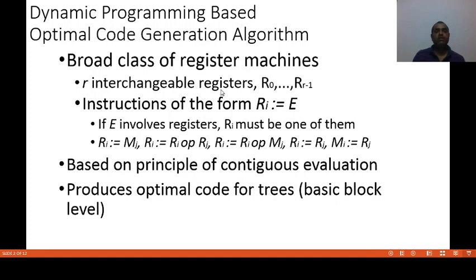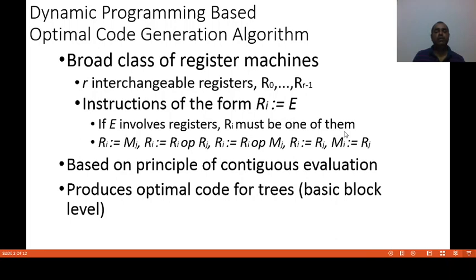and there are registers like R0 to R(r-1). So we can say suppose that there are R registers that are interchangeable, and in this machine the instructions are of the form Ri = E, the value of an expression E. If E involves registers, then Ri must be one of them.